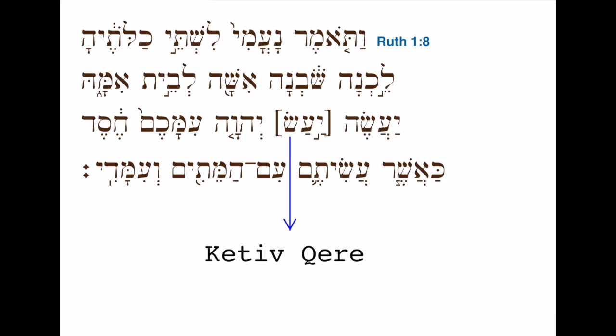Now generally the vowels for the ketiv, for the incorrect consonants, they're not given. The Masoretes don't give that. Usually we have to reconstruct the vowels for the ketiv. And Accordance, as you can see here, has reconstructed the form with the vowels that you see here. But generally, the Masoretes do not give the vowels for the ketiv. They only give the vowels for the kare. And so that is ketiv kare. Again, when we pick up with our analysis of Ruth 1:8, we're going to use the kare in our reading.